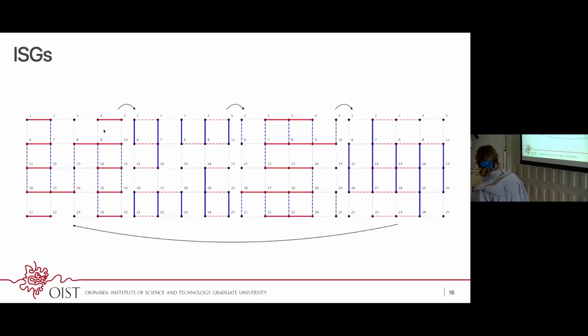As we can see, we do not have any stabilizer going across the whole column or the whole row. This way, we achieve constant size stabilizers.